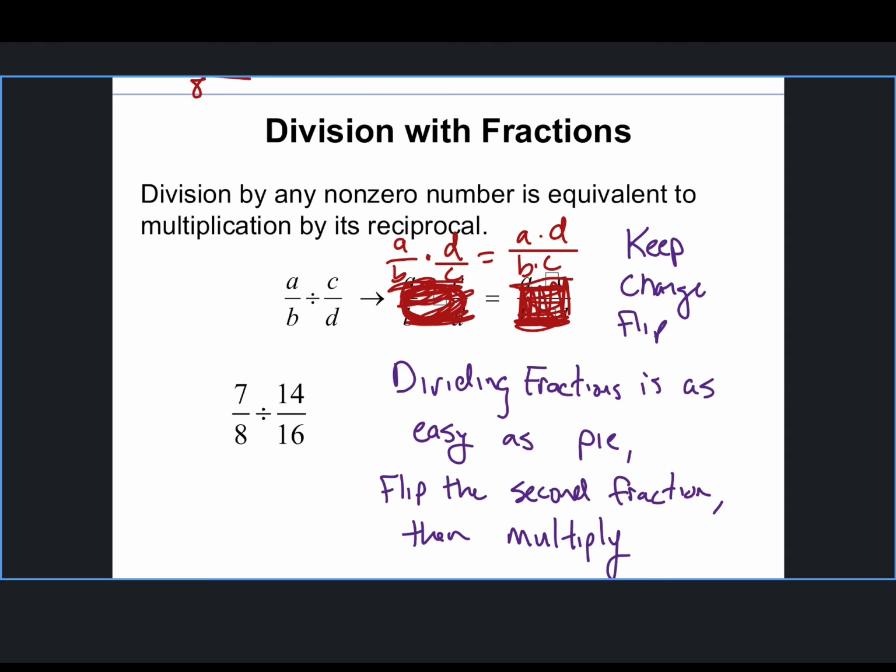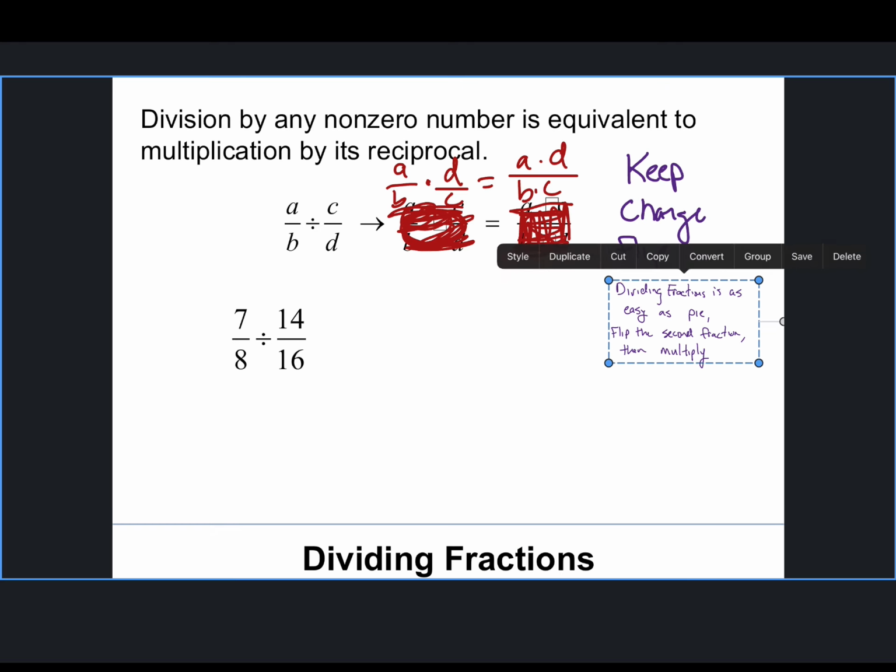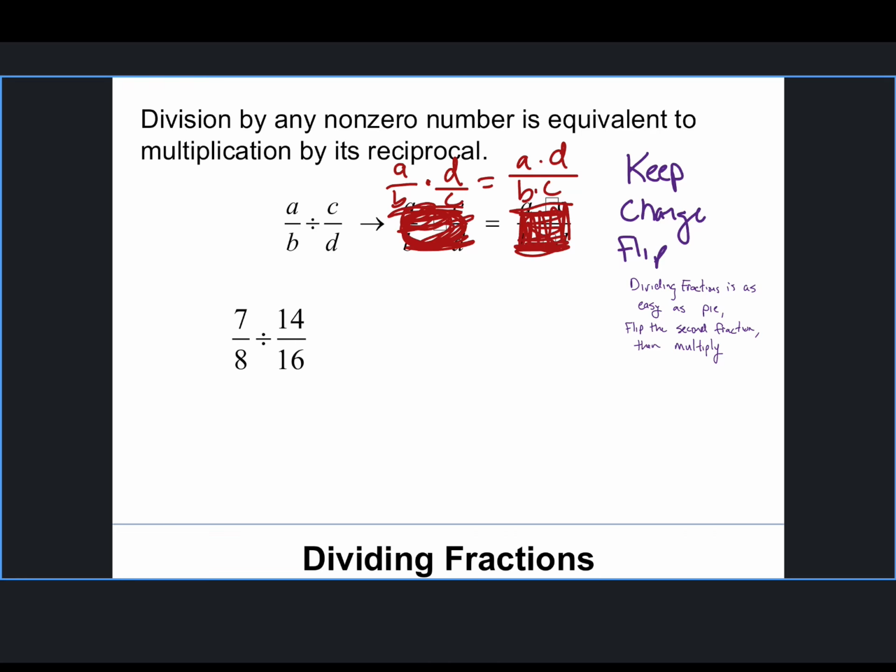Okay, keep, change, flip. If I have 7/8 divided by 14/16, now you may be tempted to reduce first. Don't do it until you have multiplication, okay? Because it's going to flip and mess everything up for you.